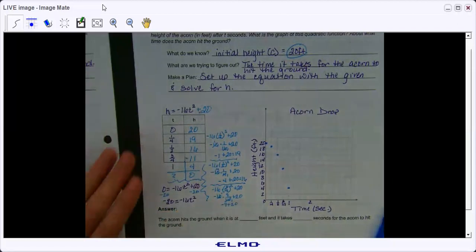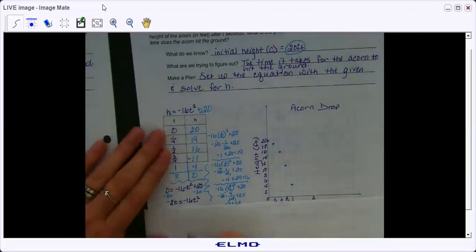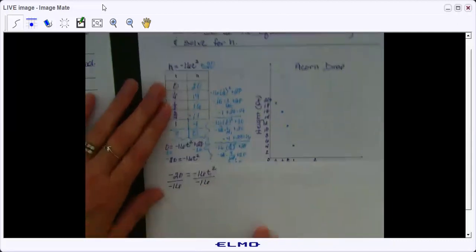I'm running out of room here, so I'm going to add a piece of paper. So we have -20 equals -16 t squared. And we are going to divide both sides by -16. We're just solving an equation here.